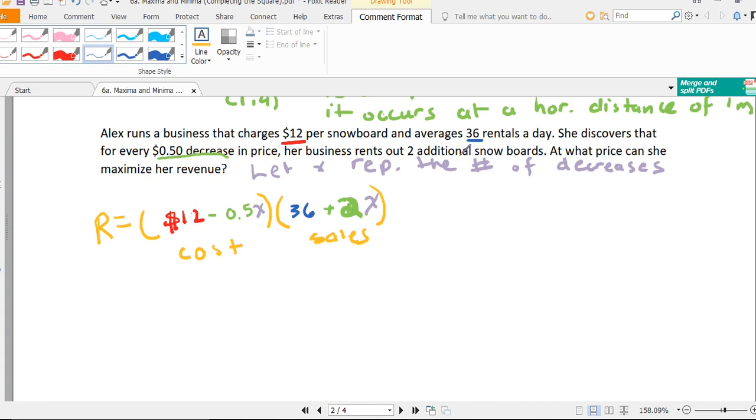So our job is to find at what price can we maximize the revenue. So we hear the word maximize again. That means we want a vertex, which means we want to complete the square. Okay, and we're going to do just that. So let's multiply this out.